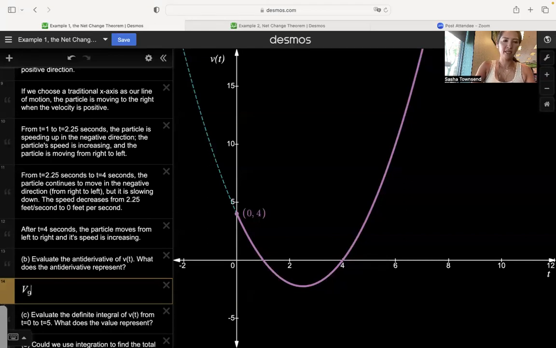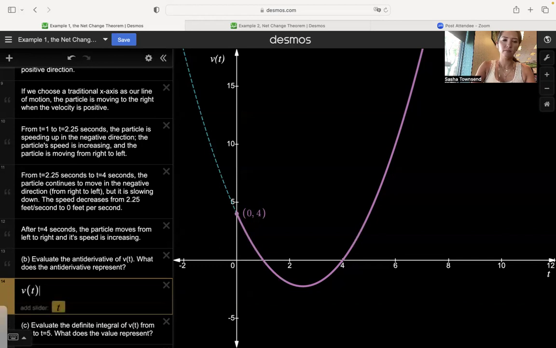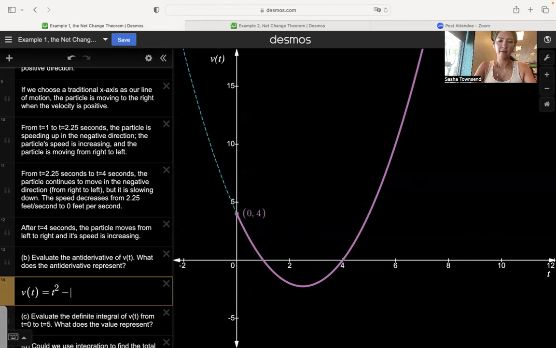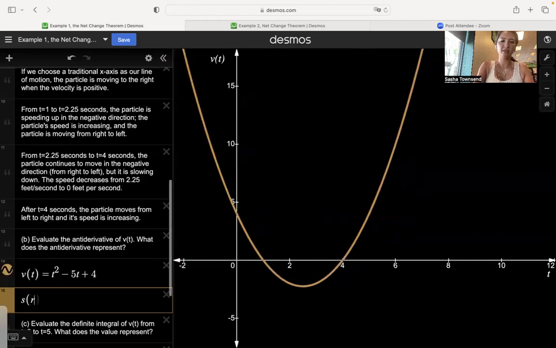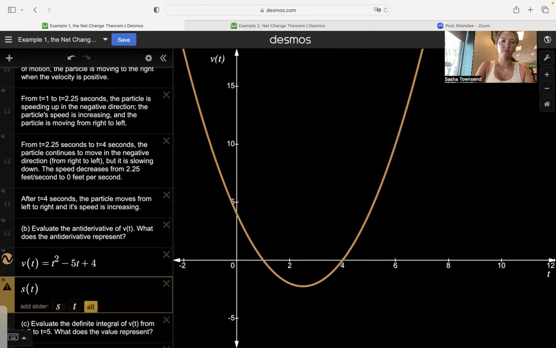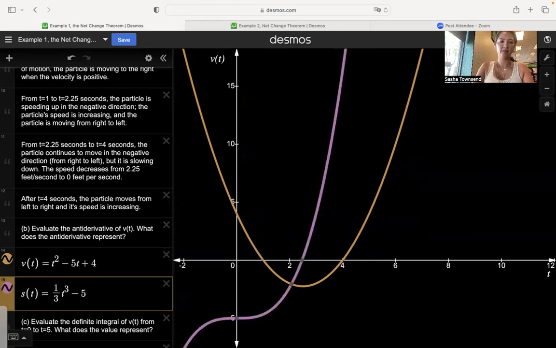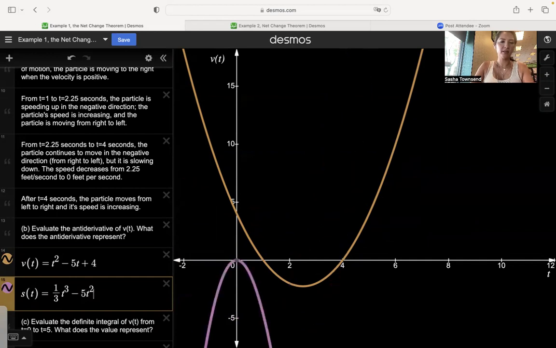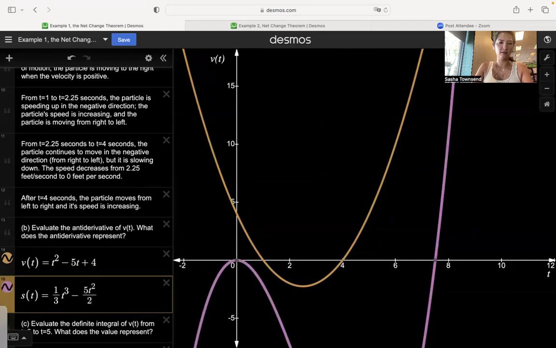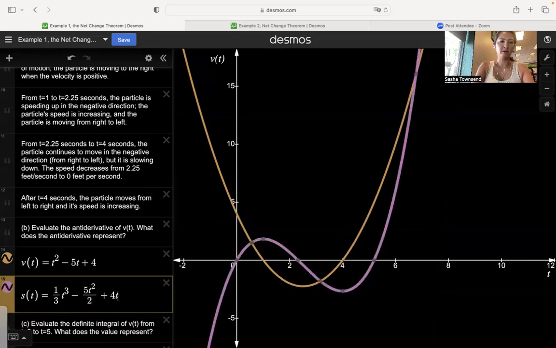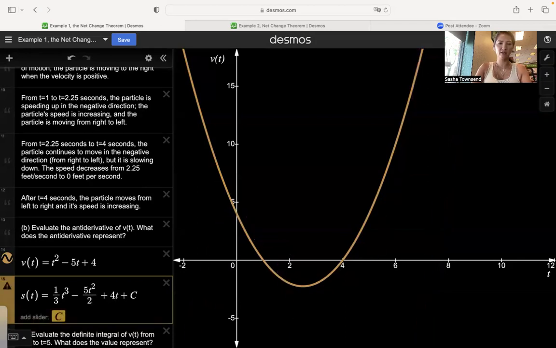So we've got v of t equals t squared minus 5t plus 4. And we'll anti-differentiate to get position. We have 1/3 t cubed minus 5 times the antiderivative of t to the first. So add 1 to the exponent and then divide by the new exponent. And then the antiderivative of 4 is 4t, and we add a plus c.